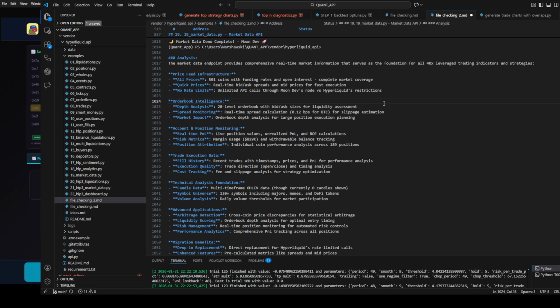So the depth analysis: 20 leverage order book with bid ask size for liquidity assessment, spread monitoring, real-time spreads for calculations, slippage estimation, market impact, order book depth analysis for large position execution planning. Account and positioning monitoring: real-time P&L, live position values, unrealized P&L and ROE calculations, risk metrics, margin usage, and withdrawable balance tracking.